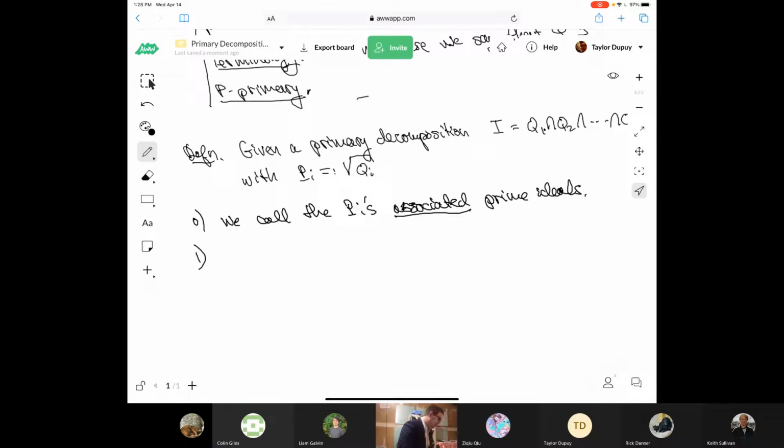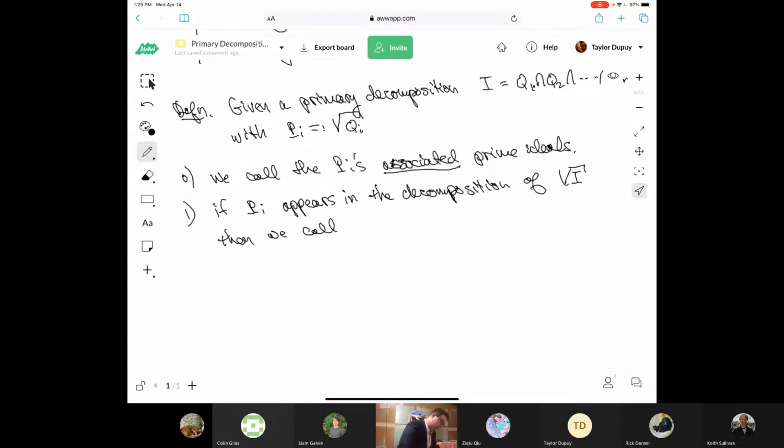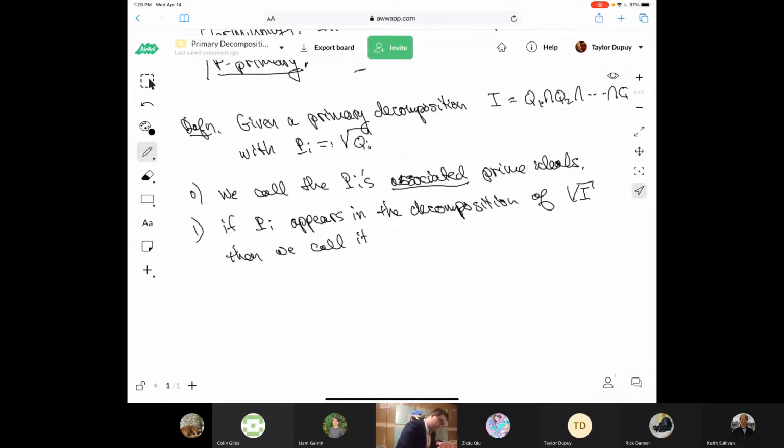If Pi appears in the decomposition of the radical of I, then we call it isolated.